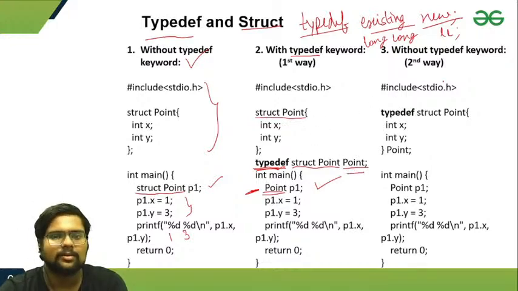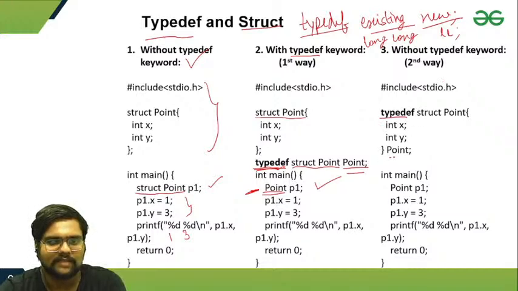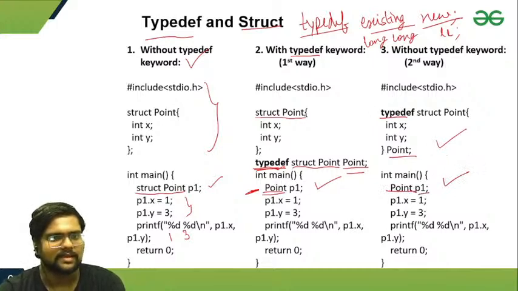There is a second way to do this. We can use typedef, then define our structure, and then rename it. So at the time of declaration only we can rename it. It is also valid, and we can use point p1 after that. This is a very good use of typedef.